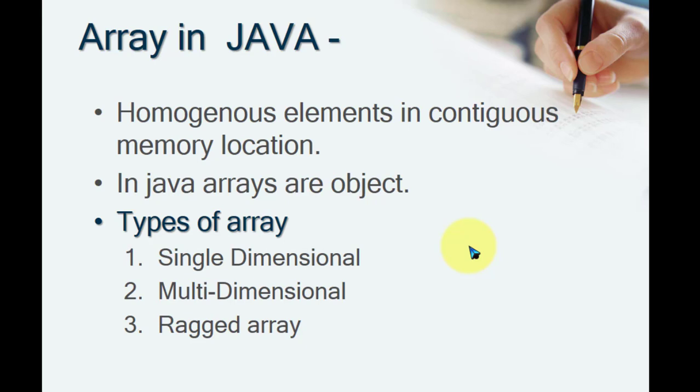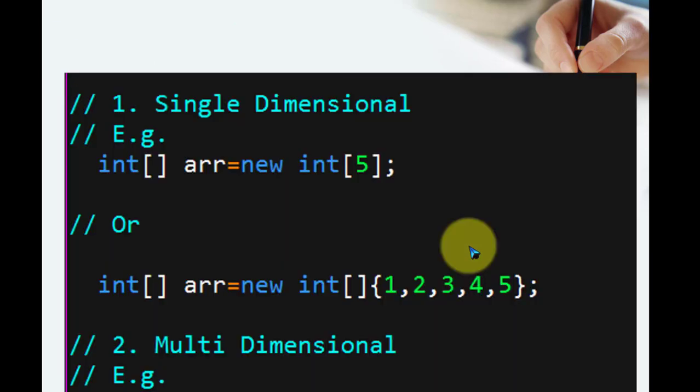That is a ragged array. It is useful where the number of elements is not the same for each row.